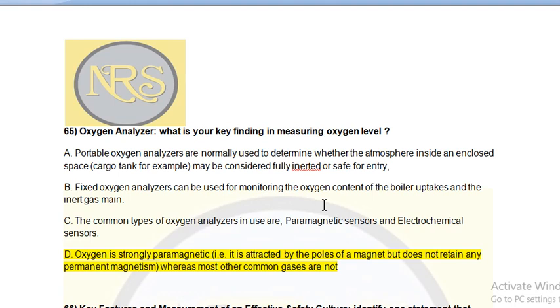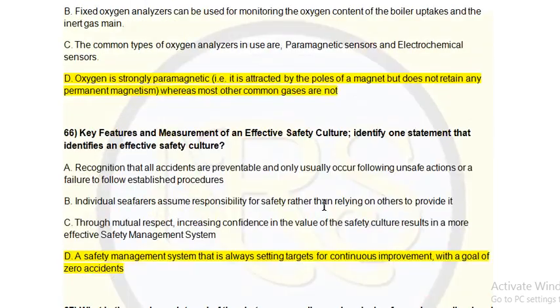Option C. The common types of oxygen analyzers in use are paramagnetic sensors and electrochemical sensors. Option D. Oxygen is strongly paramagnetic. That is, it is attracted by the poles of a magnet but does not retain any permanent magnetism, whereas most other common gases are not. So oxygen has magnetism power but it is not a permanent magnetism. Correct answer for the question is option D.